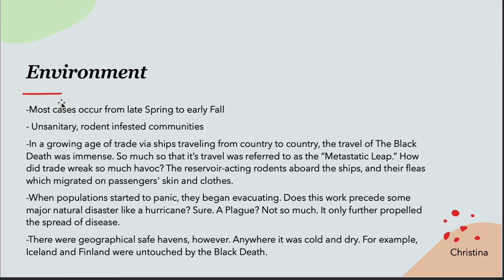Traveling was referred to as the metastatic leap, and basically rats boarded the ships with their fleas, and then the fleas migrated from the rodents to the passengers and their clothes and essentially other ports after that. However, there were geographical safe havens, such as Iceland and Finland, that were untouched by the Black Death due to their environment that was cold and dry.